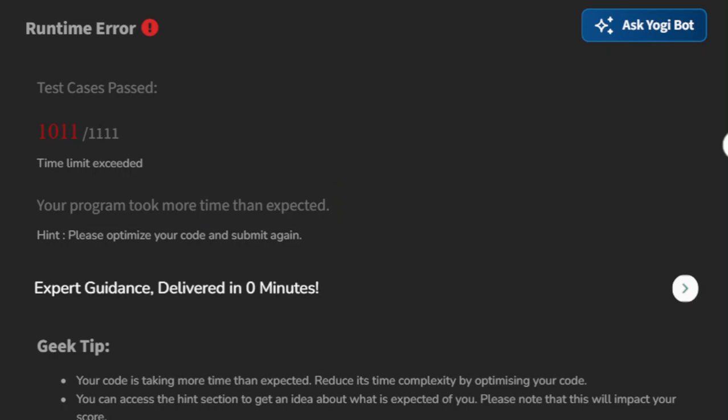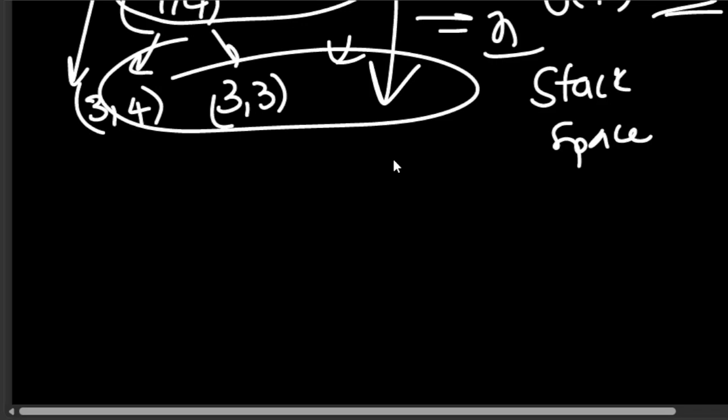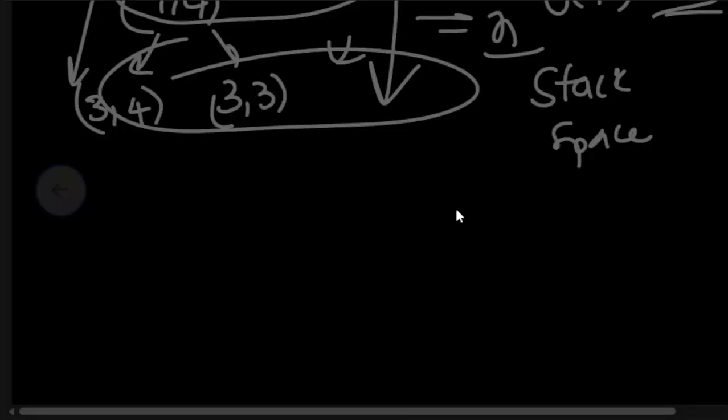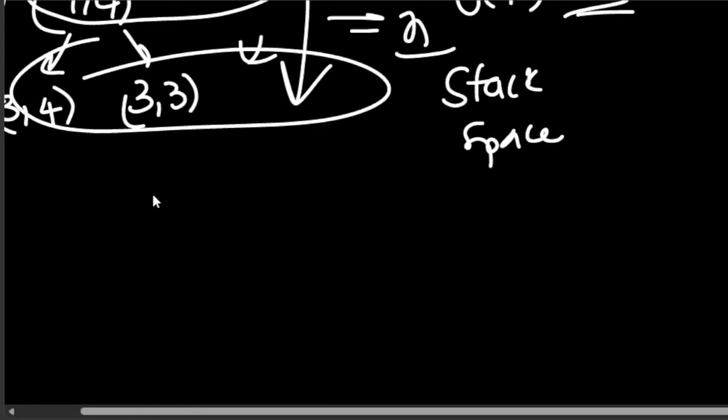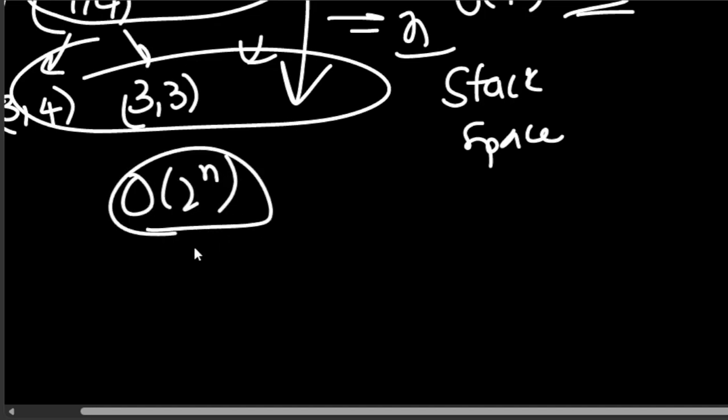Time complexity for this is huge, like O of 2 power n is really, really huge, so it takes a lot of time. We need to change this.